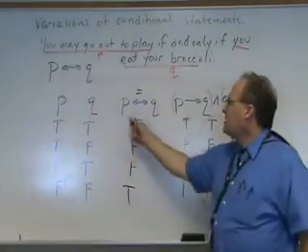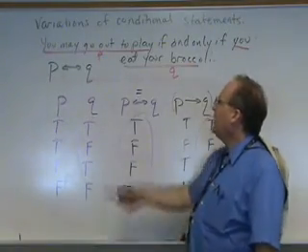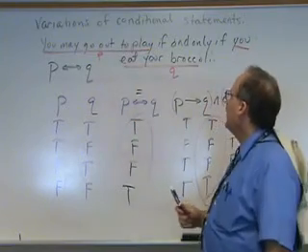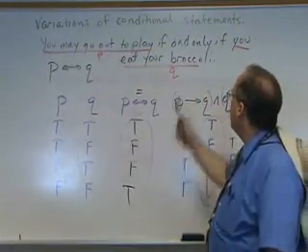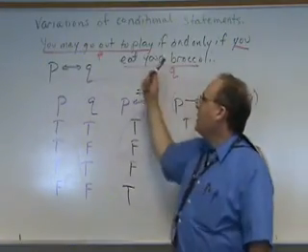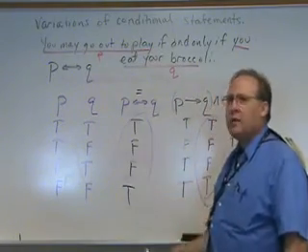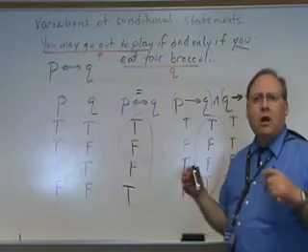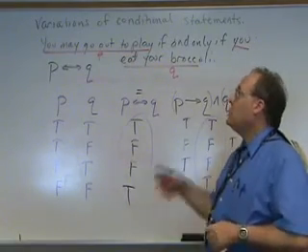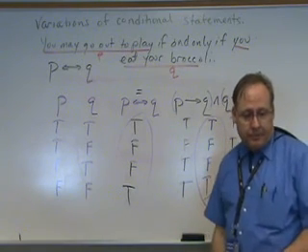This is saying essentially if P then Q and if Q then P. If you may go out to play, then you will eat your broccoli, and if you eat your broccoli, then you may go out to play. And it puts it both together, and it's a very, very hard and fast way of making sure that what you want to get done gets done before the promise is kept.